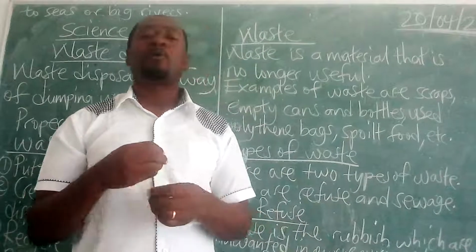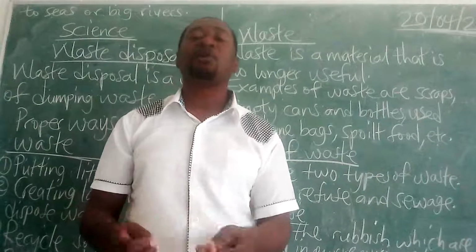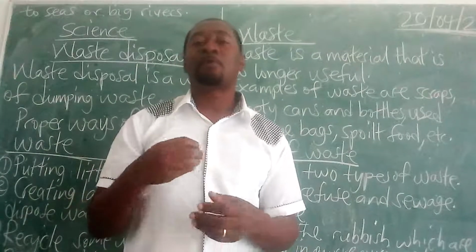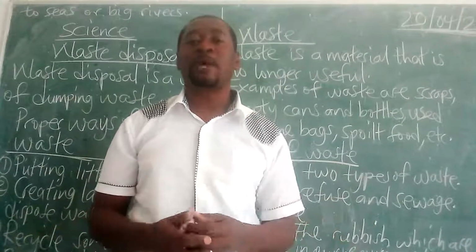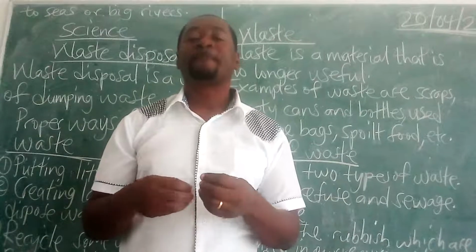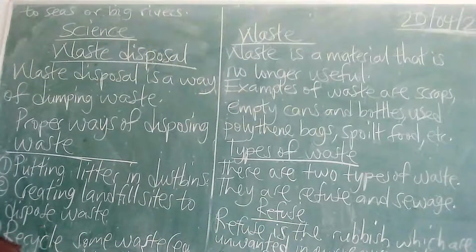Soil. And when they cover it with soil, a time will come they will decompose and become manure. And we use the manure to fertilize our crops in order to grow well. So landfills are good when you want to dispose waste.